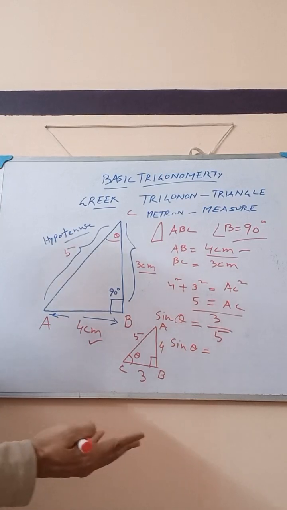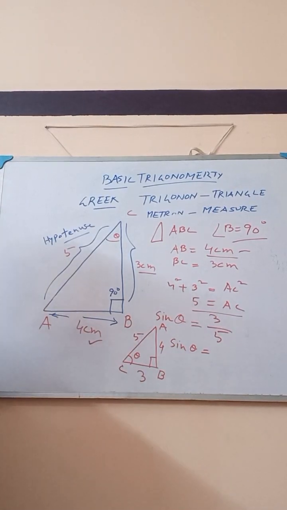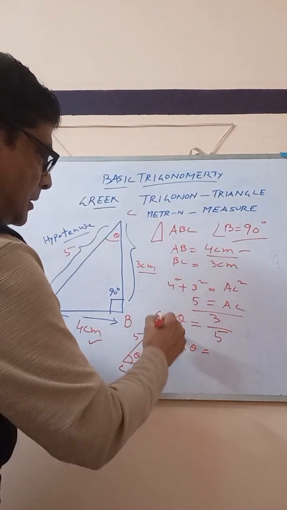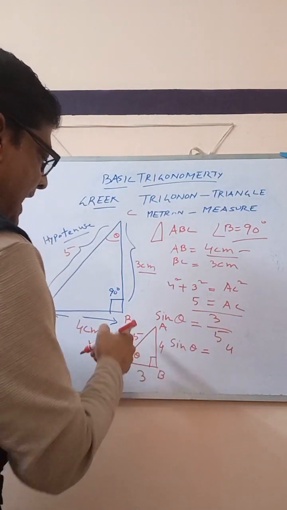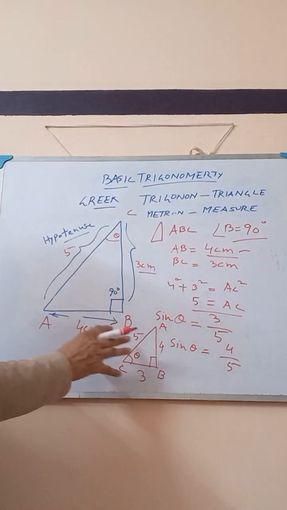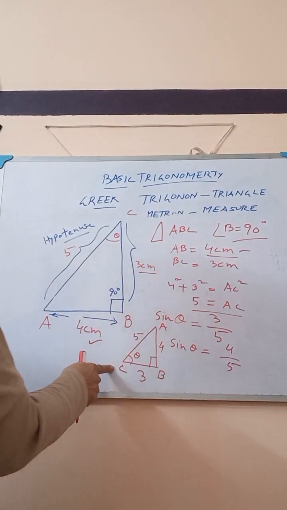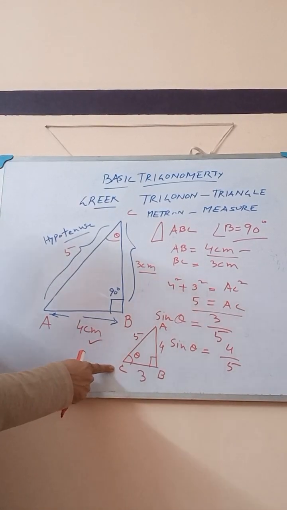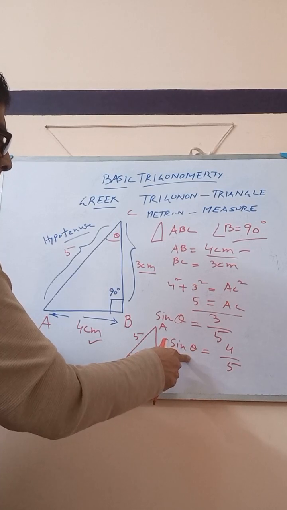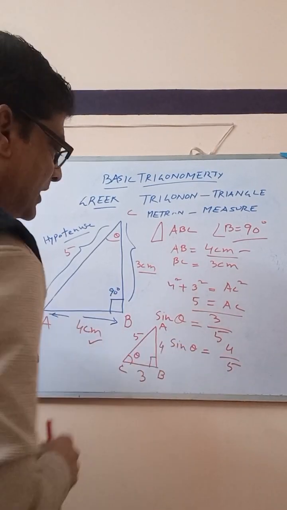Okay, if we do the Pythagoras theorem, the result will be the same. Now sine theta will be some people have, that means perpendicular over hypotenuse, that means 4 by 5. See here. Sin theta in this particular diagram, when angle C is theta, when angle C is the acute angle and we have to find sine of this particular angle, then sin theta will be equal to 4 by 5.